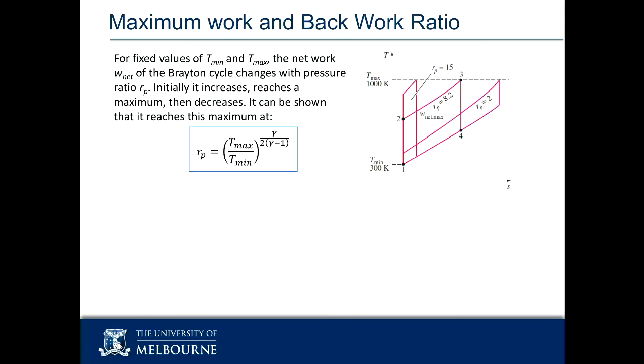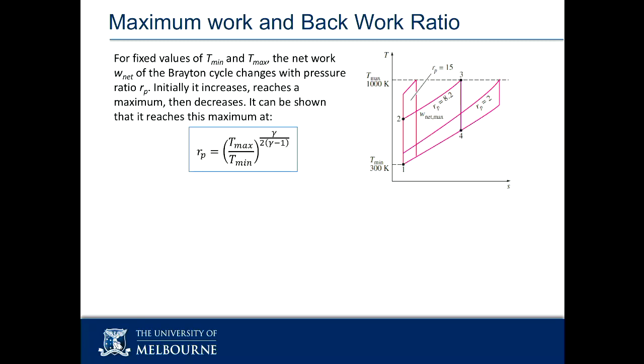So let's play around with that pressure ratio a little bit, in the same way as we played around with the compression ratio of the car engine, and we had a look at its efficiency. If I'm operating between two temperatures, there's a neat thing that happens with the pressure ratio.